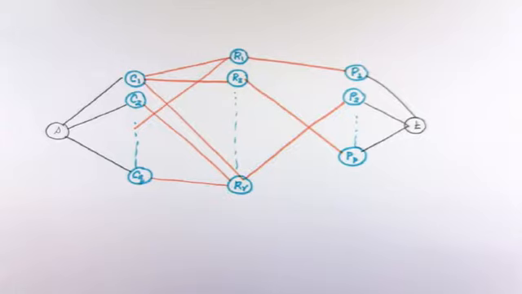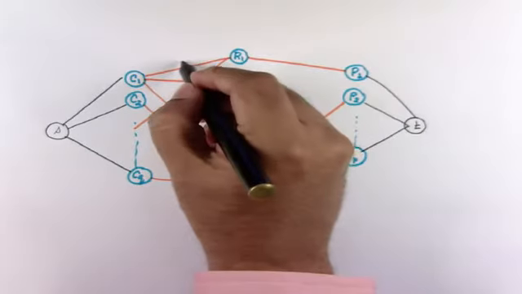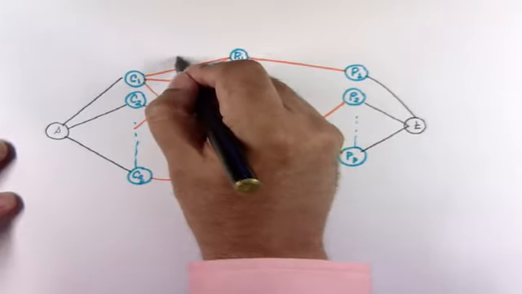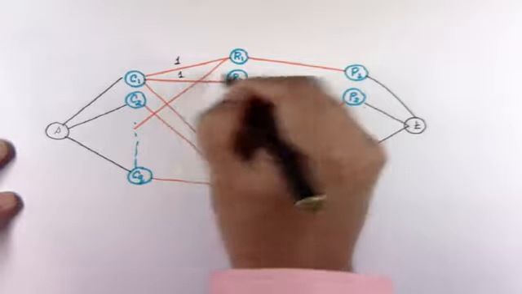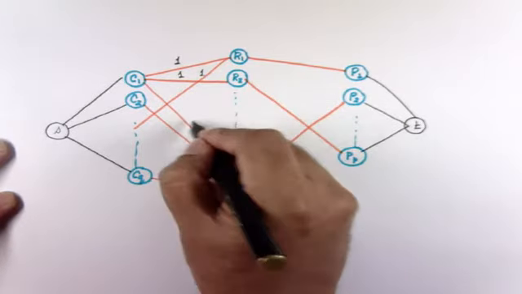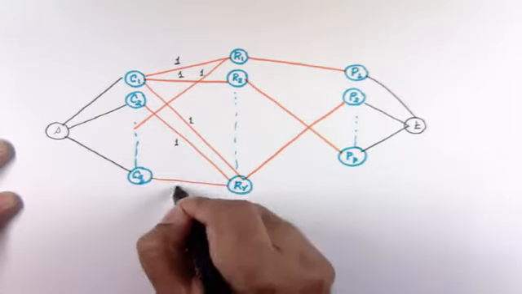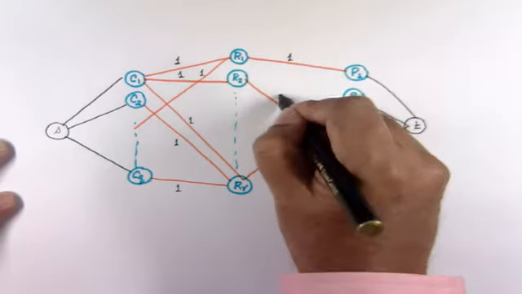Now, these are all individual memberships, right? So we put an individual capacity of 1 on each of these. These have all capacity of 1, right?